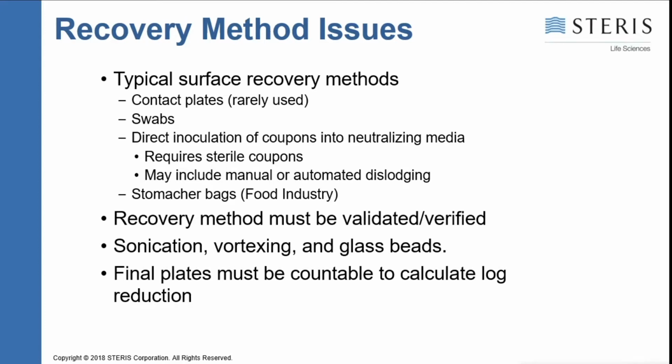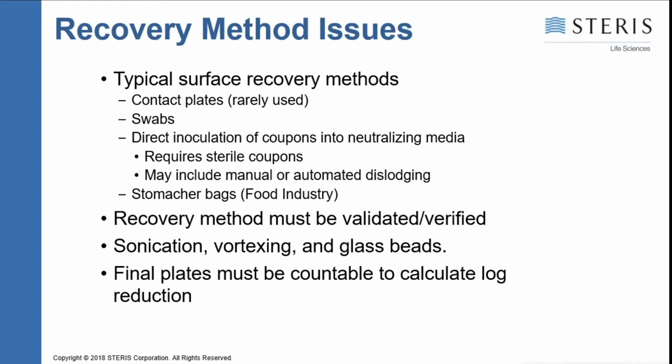The recovery methods we've seen that seem to work the best for the US methods, the ASTM methods, are sonication of the coupon and vortexing of the coupon in a test tube. The European method uses glass beads where you put them in a little plastic container. The coupon goes face side, inoculated face down, with the buffer solution and the beads on the bottom, and then you shake it.